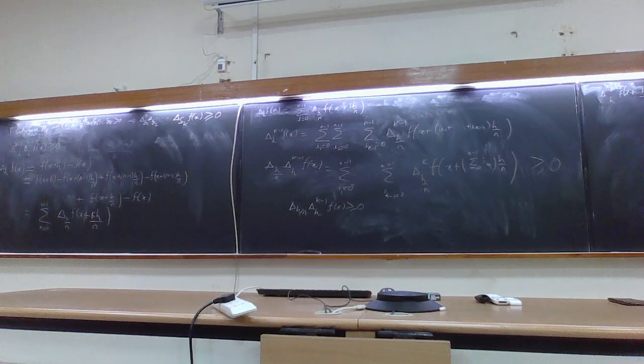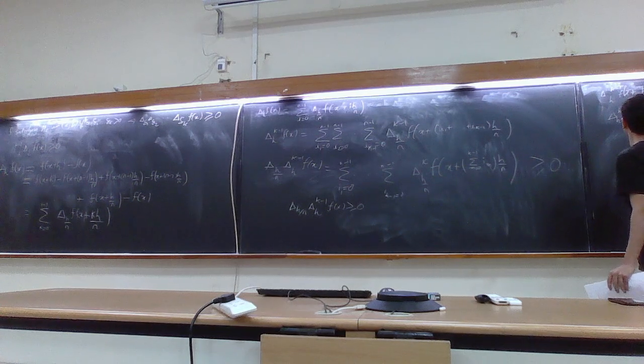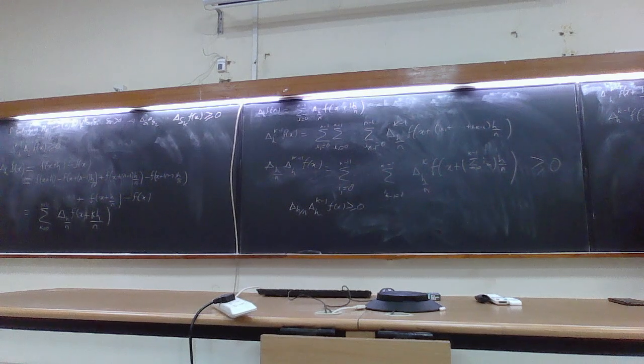Because when you take it to this side, the difference is non-negative, like that. So you have this, and again you can replace x by x plus h upon n to say that delta h k minus 1 f of x plus 2h upon n is greater than equal to delta h k minus 1 f of x plus h upon n.